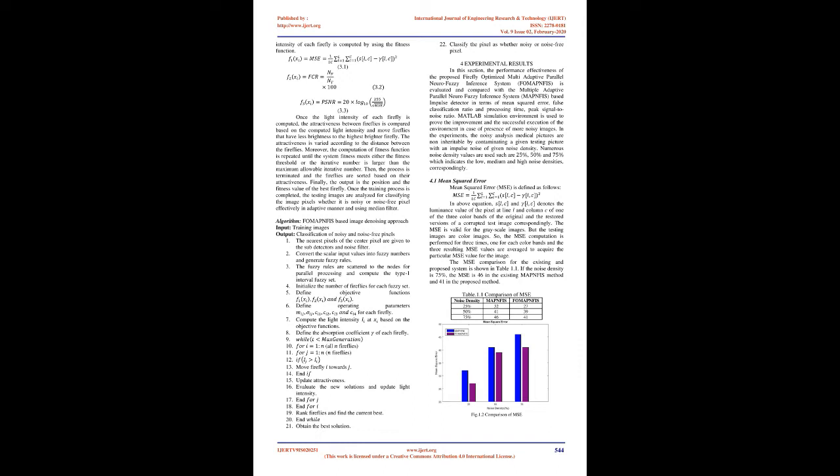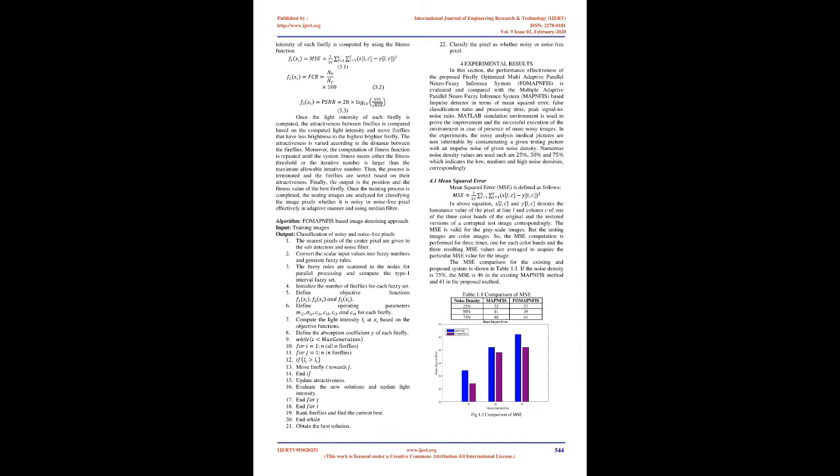The fuzzy rules are scattered to the nodes for parallel processing and compute the type 1 interval fuzzy set. 4. Initialize the number of fireflies for each fuzzy set. 5. Define objective functions. 6. Define operating parameters for each firefly.